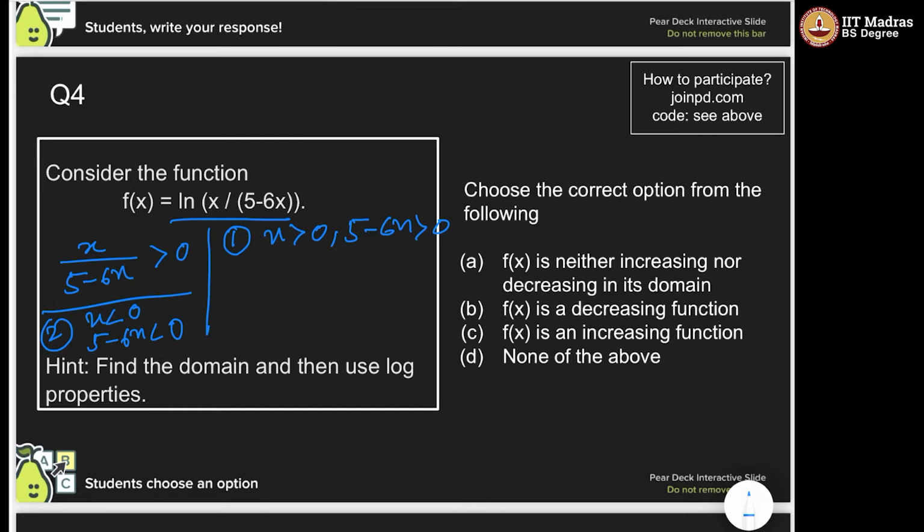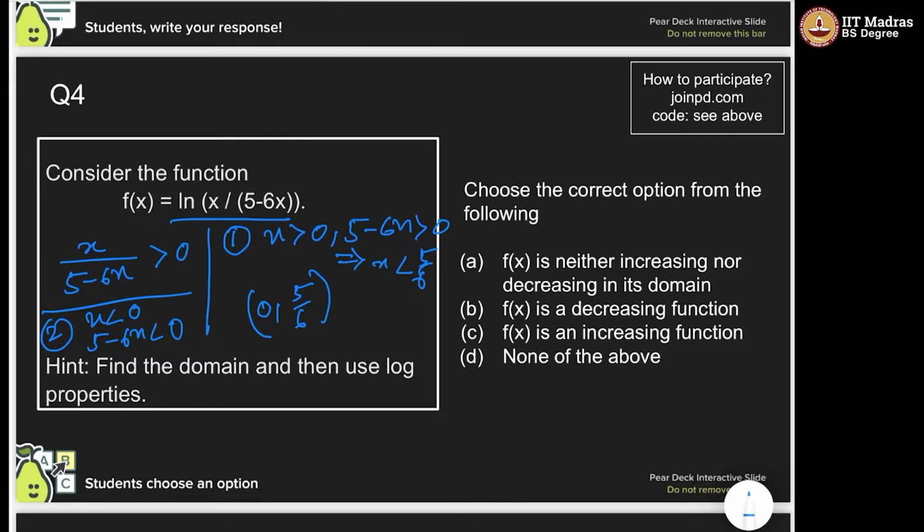If both are positive or both are negative, then after dividing we get something positive, right? So the first case implies x is less than 5/6, so the possible domain is x greater than 0 and x less than 5/6.